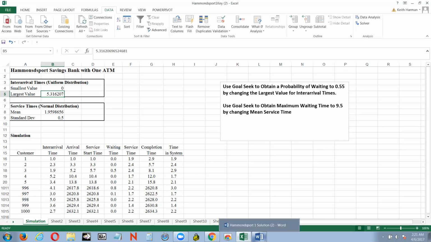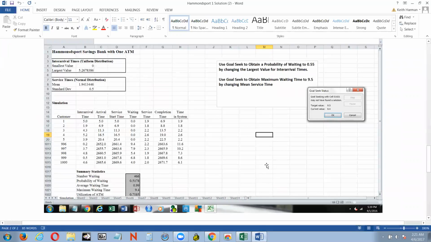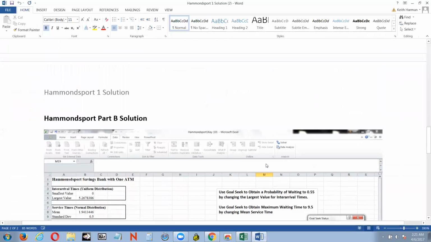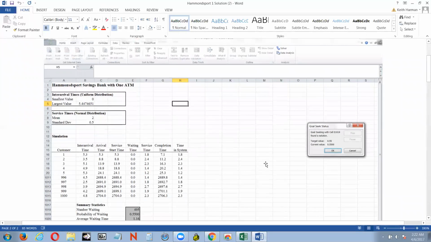Now, I had created a screenshot when I had done one of these, so I'm looking at the solution screenshot. And here I had run this. This is the first page. And here, notice I had gotten a 0.55. And I got a largest value of 5.447.